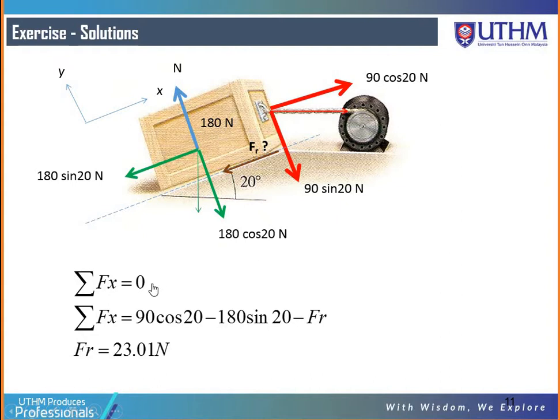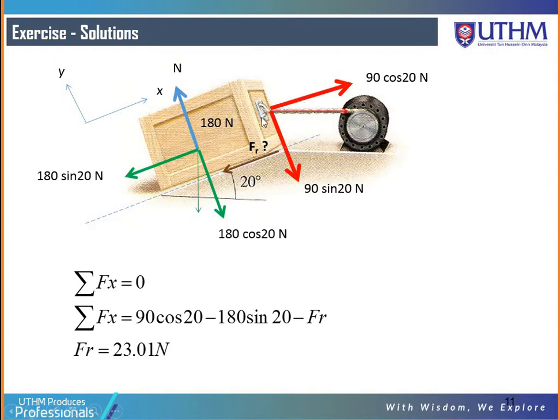As we know, the total force acting on the contact surface on the x-axis is equal to 0, because the crate has not moved. So the total force on the x-axis is equal to 90 cos 20, the component of the rope on the x-axis, minus 180 sin 20 on the crate itself, minus Fr.